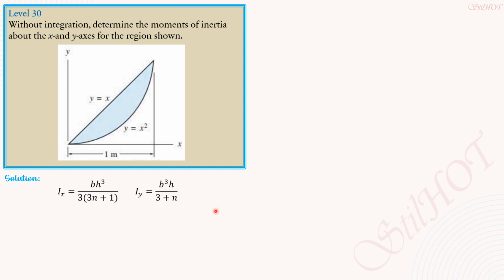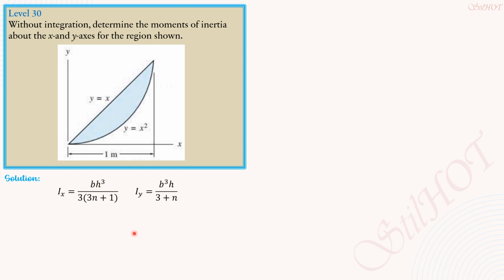Where both b and h here are equal to 1 because this is 1 comma 1. For Ix, it is the moment of inertia of a triangle, first degree, so n is 1, minus the moment of inertia with respect to the x-axis of the region under this curve of degree 2.